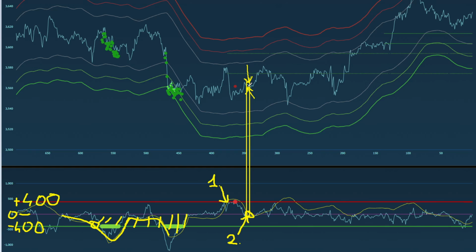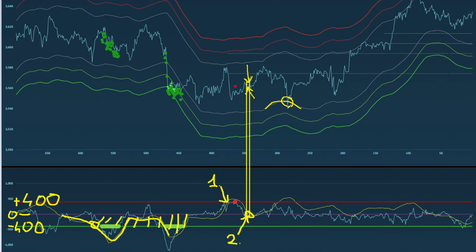I will wait for the level to add to this position, and the levels are the gray bands. So I would wait for the price on the gray band to add to a position, or sometimes to initiate the long position, right? So that would be the entry.